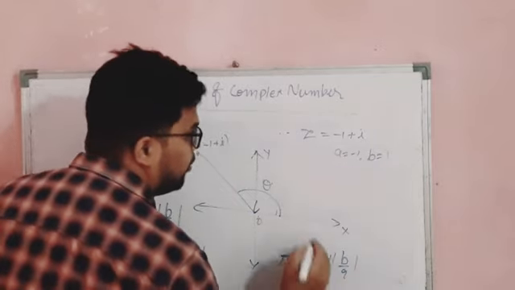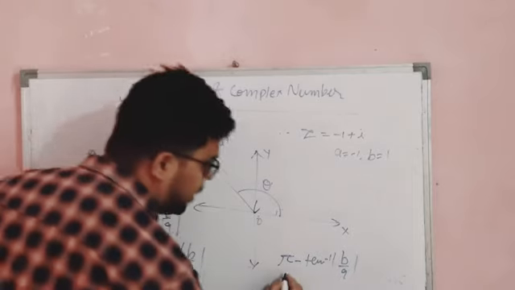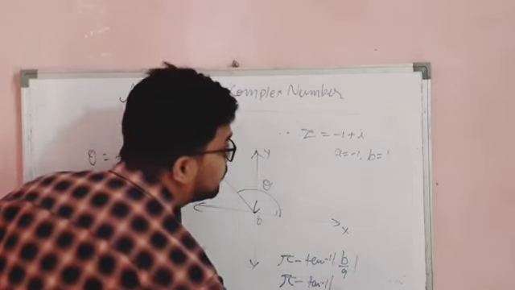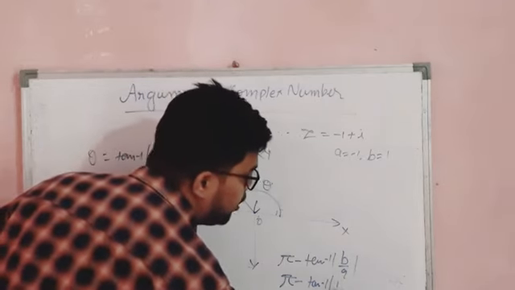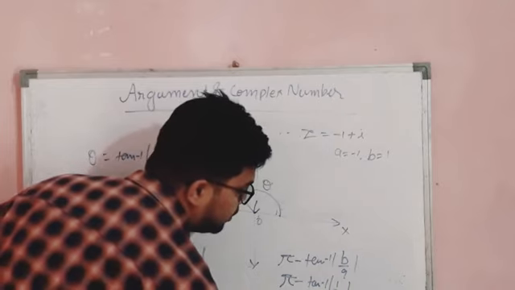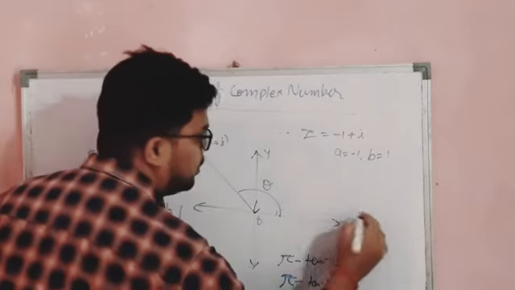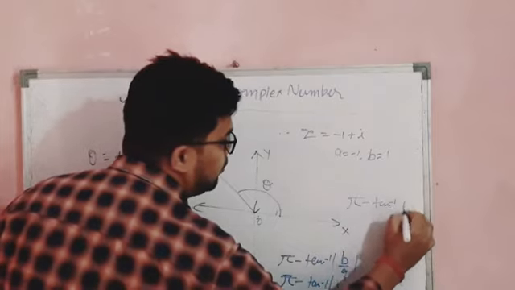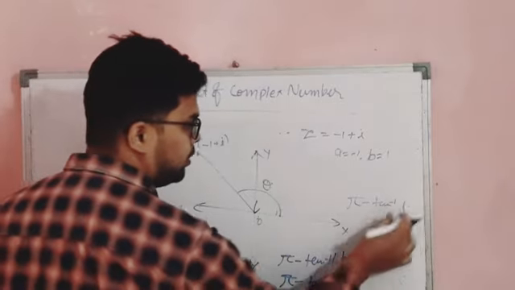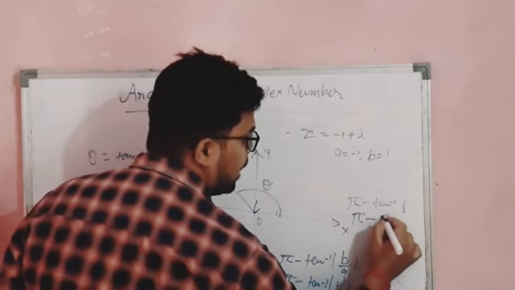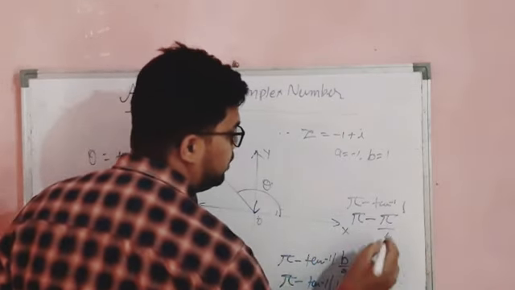So the principal value of theta will be pi minus tan inverse 1 upon minus 1. So this will be pi minus tan inverse 1, because mod of minus 1 is equal to 1. And the value of tan inverse 1 is pi by 4.